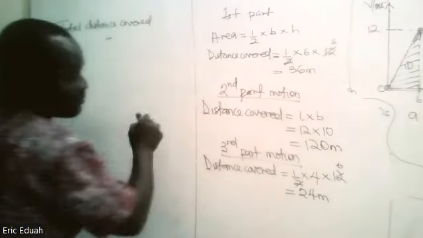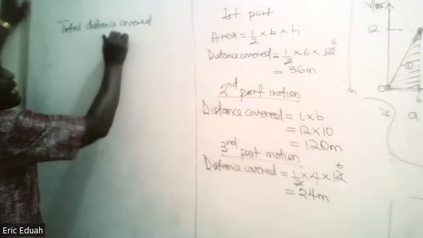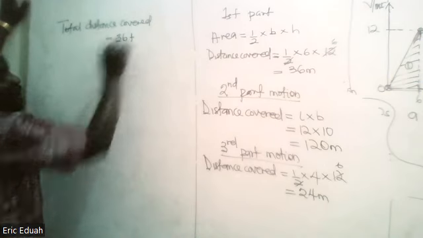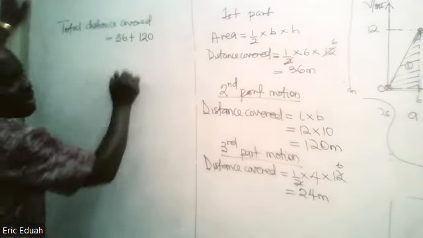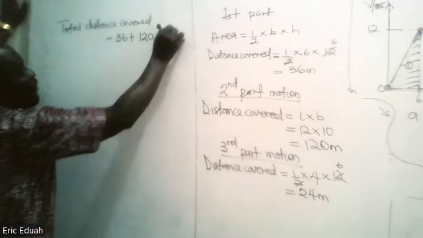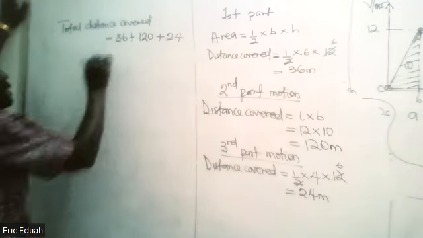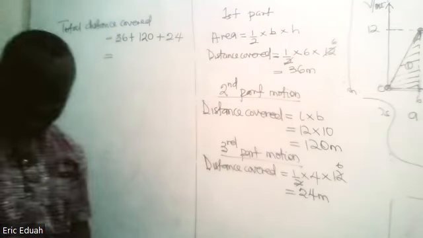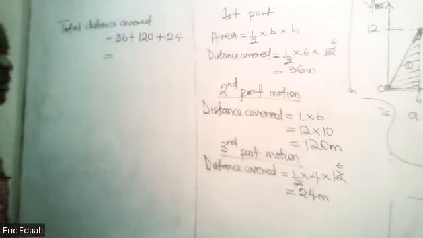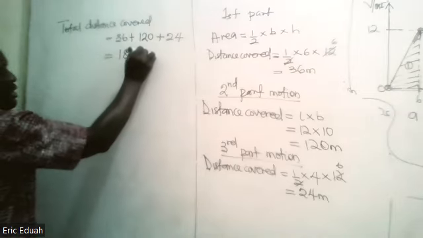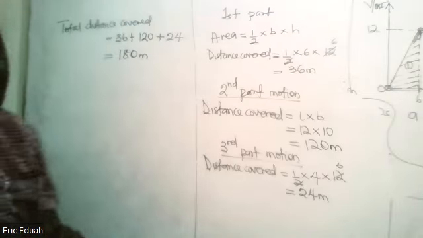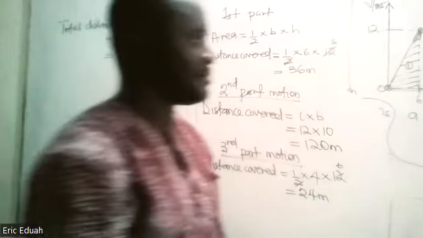So we have 36 plus 120 plus 24. In total, this would give us 180 meters. 180 meters is the total distance covered.